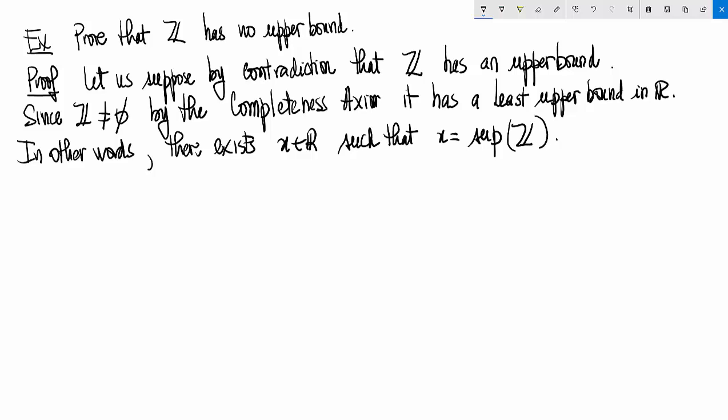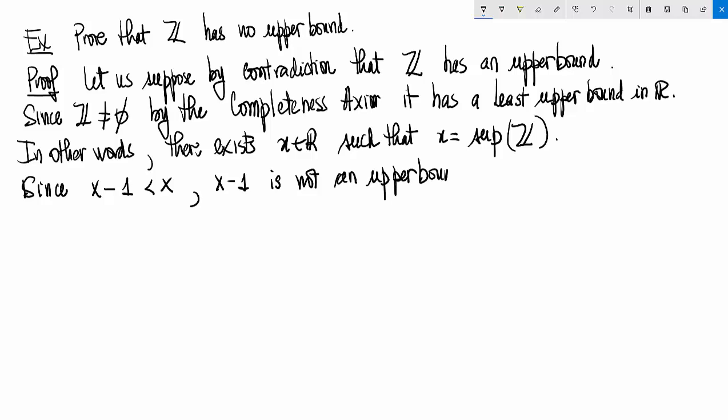Okay, now since x minus 1 is less than x, then x minus 1 is not an upper bound for Z, right? Because x is the least upper bound.